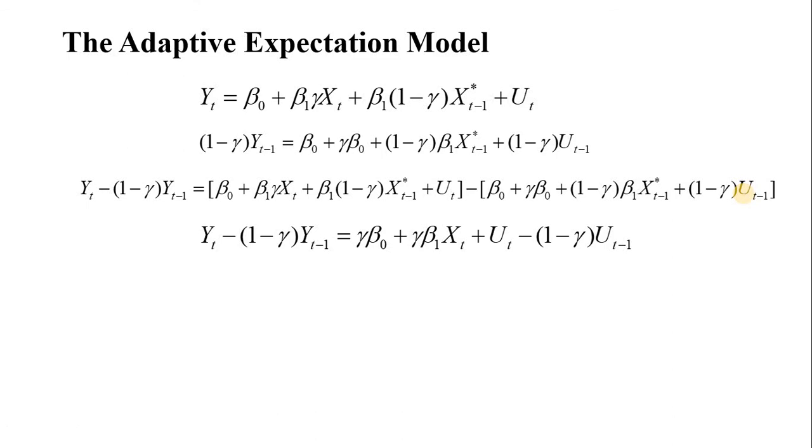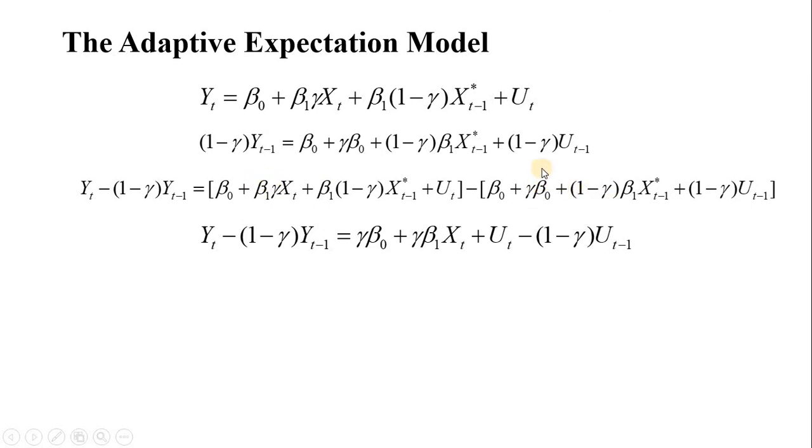What will happen here? You look at the two equations, many terms are similar. This is plus beta 0, this is minus beta 0. This beta 0 and this beta 0 will be cancelled. Okay, then the remaining intercept is gamma beta 0 here and beta 1 gamma xt here.